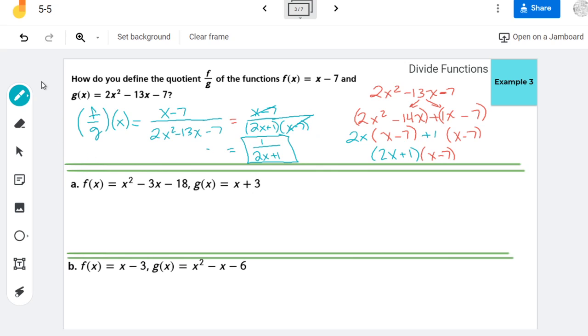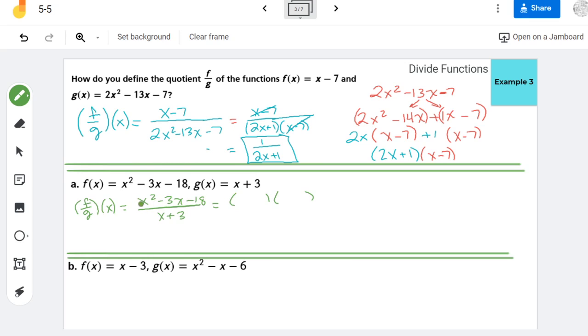Let's try again. So here in the middle, if I'm doing f divided by g of x, f of x is x squared minus 3x minus 18, and g of x is x plus 3. If I have something that's not a linear term, I'm going to go ahead and factor it.